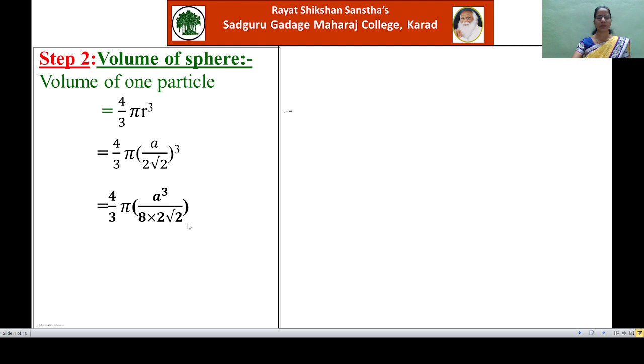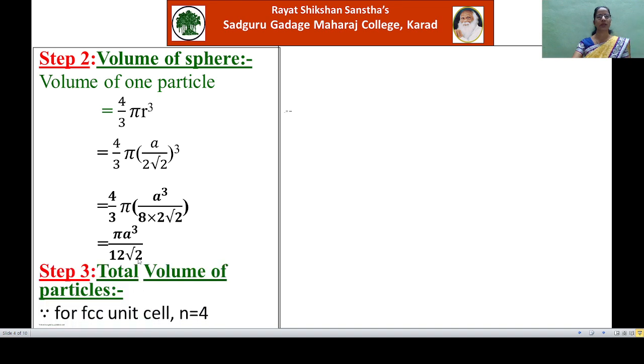Simplifying again, you will obtain pi a cube divided by 12 root 2. In this manner, the volume of one particle is equal to pi a cube upon 12 root 2. But we have to find the total volume of particles.